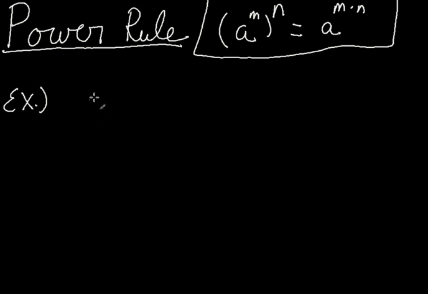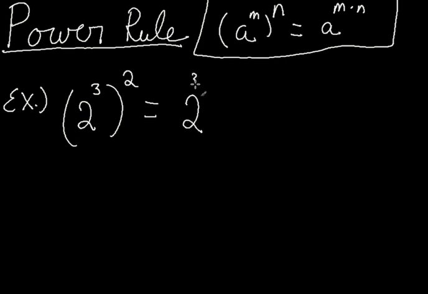If I have something, I like picking on 2's, of course. So let's say I have 2 to the 3rd, and then, I don't know, let's square that. Let's see what happens. So, by the power rule, this would be 2 to the 3 times 2, which is 6, okay? So this is 2 to the 6. Well, we already did 32 before with 2 to the 5th, so it looks like this is going to be 64.